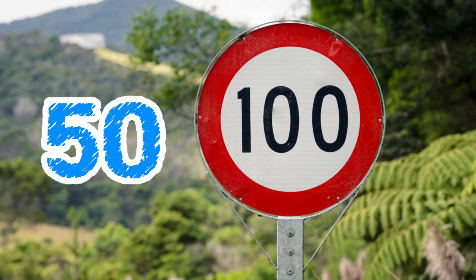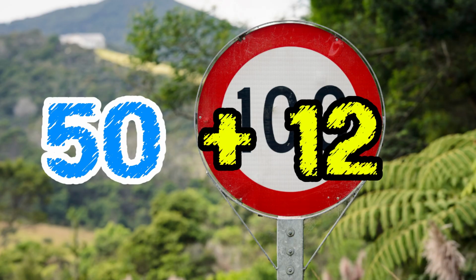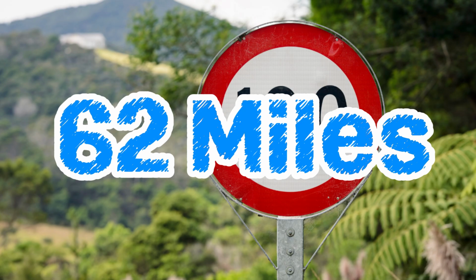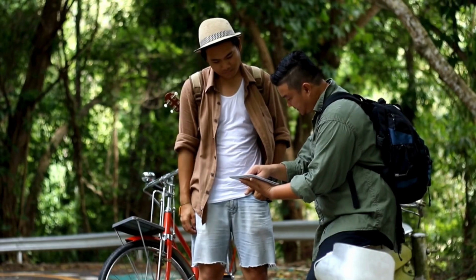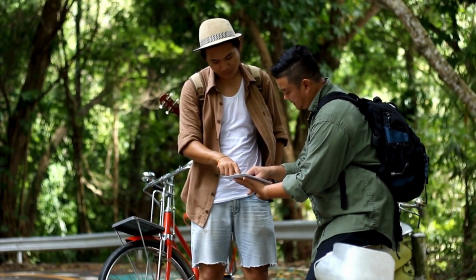In this case, the original number was 100. That's an easy one, 12. So you'll add the 12 to the new number 50 to get 62 miles. And just remember, guys, these are just rough estimates, and it's just an easier way to convert miles to kilometers, kilometers to miles when you're dealing with real world situations.